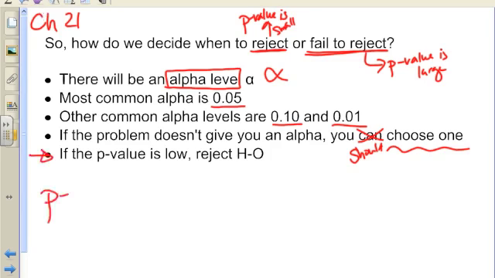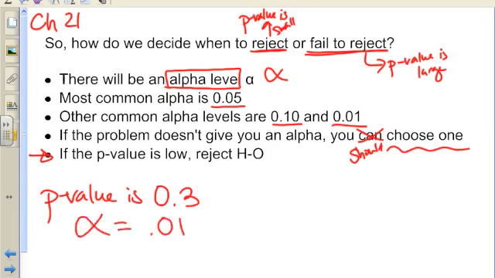So let's say my p-value is 0.03, and I have an alpha level of 0.01. Well, then that gives me the comparison I need. If my p-value is bigger than my alpha, large, that tells me to fail to reject.